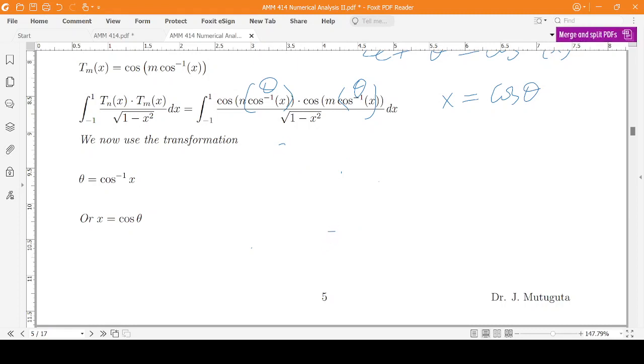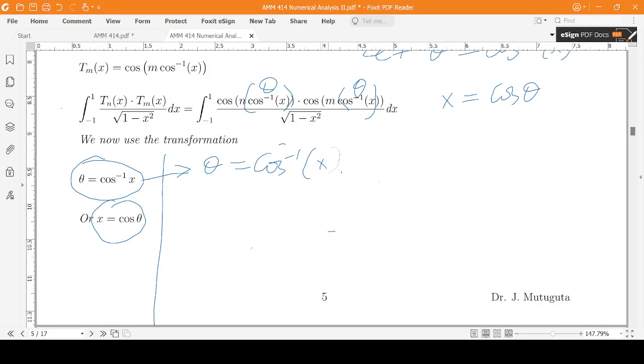Yeah, I think that's better. I want to get the change of the limits of integration. We are using this, or even this one. So we write theta is equals to cos inverse of x.